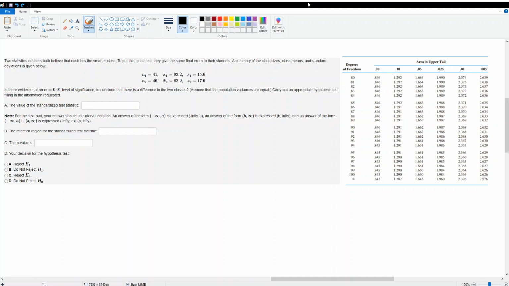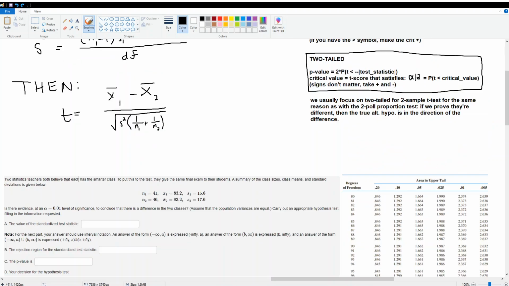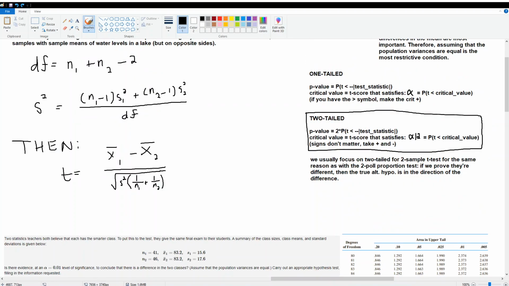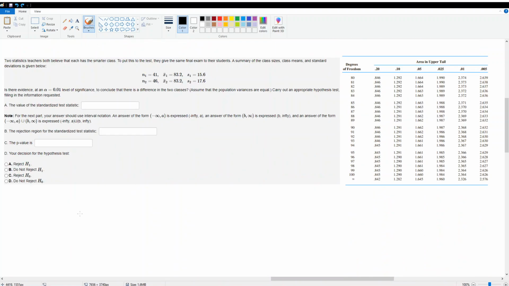All right, let's start with the value of the standardized test statistic. This is going to be equal to the difference in our means divided by the square root of s squared times 1 over n1 plus 1 over n2. Our test statistic is going to be 83.2 minus 83.2, divided by the square root of s squared times 1 over n1 plus 1 over n2.